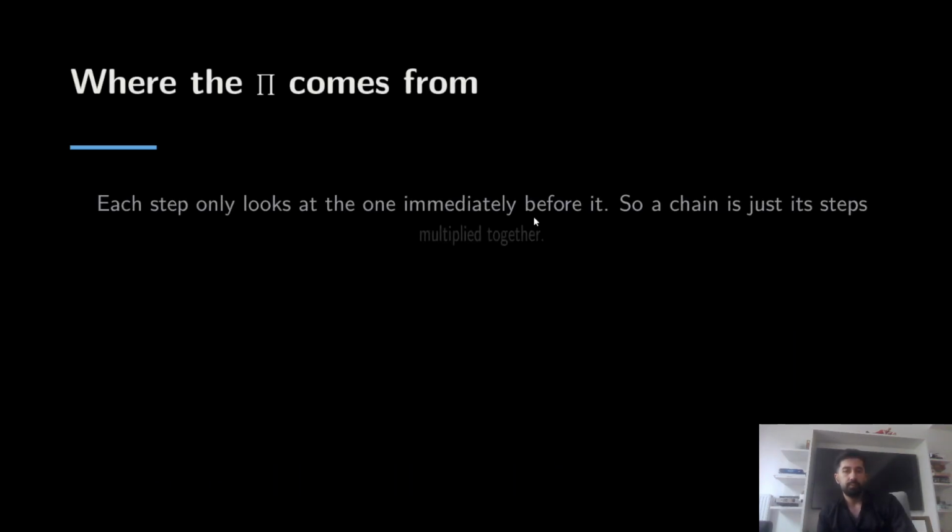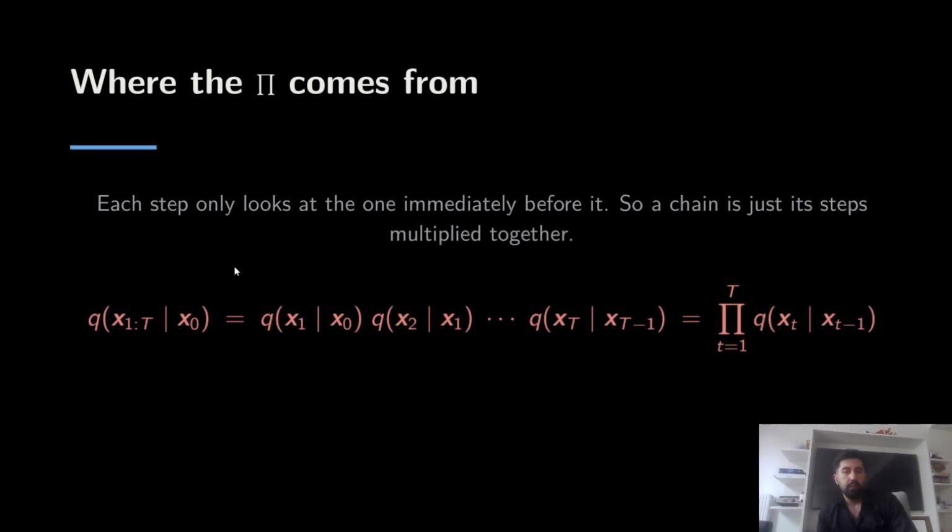Now, if you look at the forward process, we're trying to estimate x1 till xt, knowing x0. So basically, we're trying to get xt, the Gaussian noisy image, given x0, the normal perfect image.